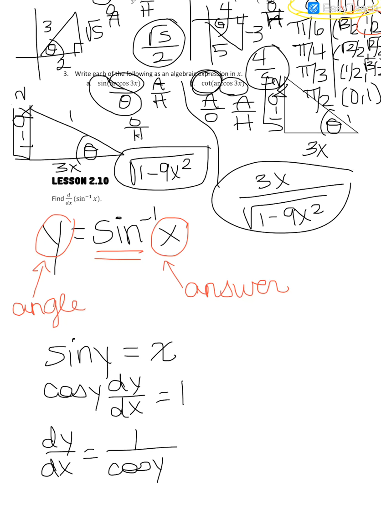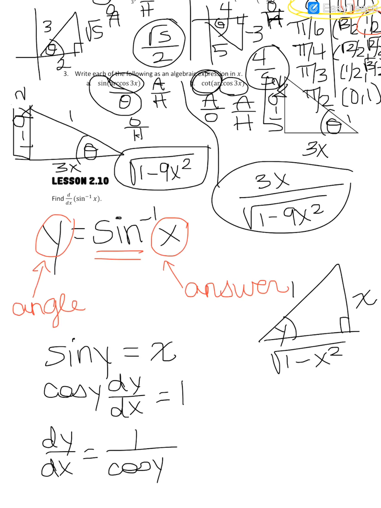So what I'm going to do now is I'm going to draw my triangle like I did on number 3 of the warm-up. And so this is telling me that my angle is y and that my sine of this angle is x. So that means my opposite over my hypotenuse is x over 1. And using Pythagorean theorem, I know that my adjacent side is radical 1 minus x squared.